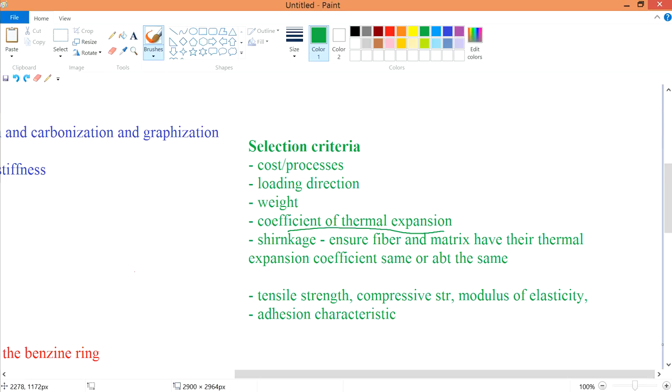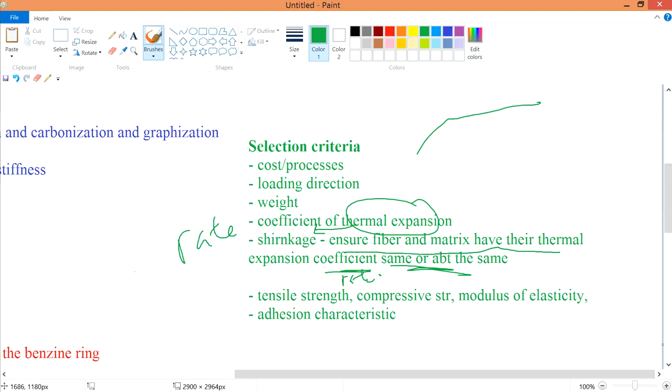And then thermal expansion will lead to shrinkage. Alright, so you have to ensure that the fiber and the matrix have their thermal expansion coefficient about the same. Alright, so that they expand at the same rate. For example, I should say the thermal expansion rate. So what I mean is that this is the matrix over here, and there will be a fiber.